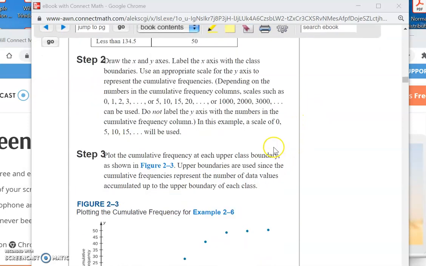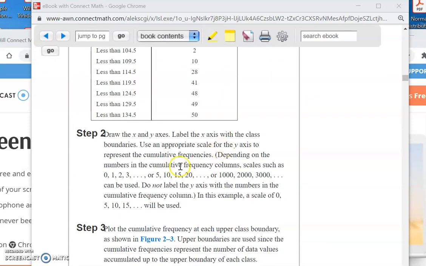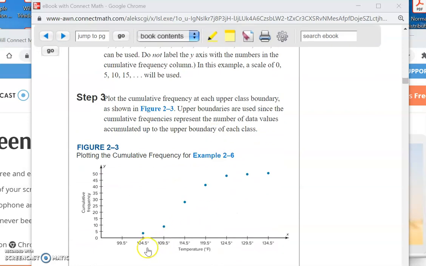So you draw the axes and you label them, of course, just like before, and then the y-axis is now the cumulative frequency. Taking it from current affairs, you might see a graph that looks like this, and that represents how many people have tested positive for the COVID virus.